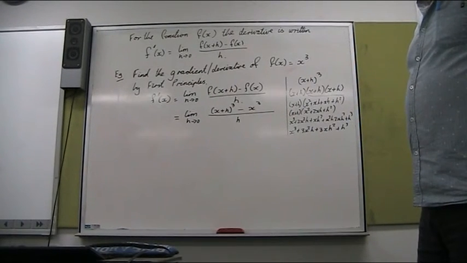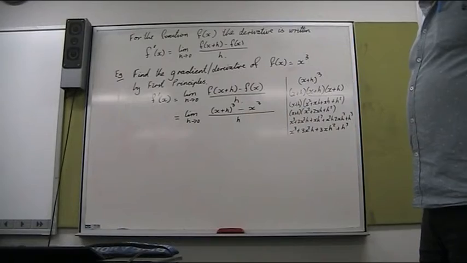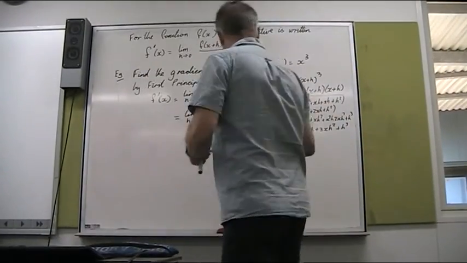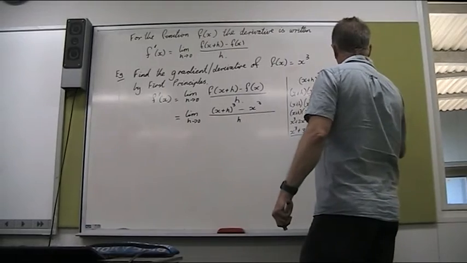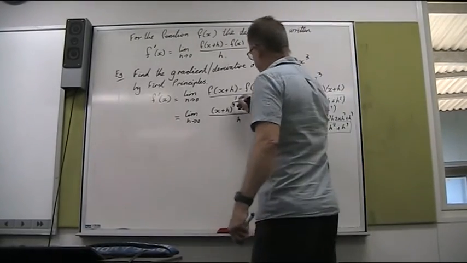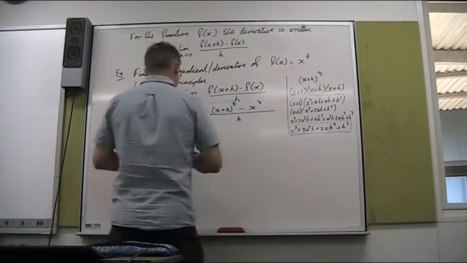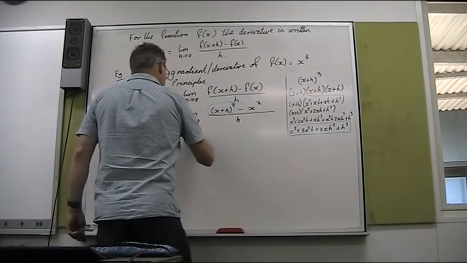All right, anything that we need clarifying there at the moment? No? All right, so all of this stuff here is this. So now I'll put that in there. So this is our first principles process.